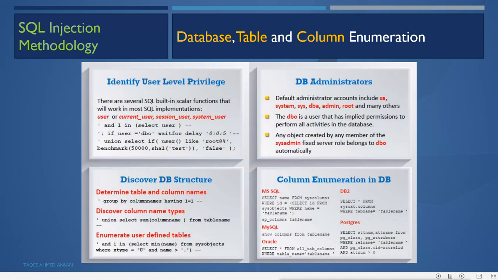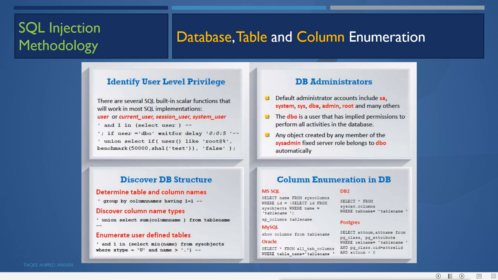There are several SQL built-in scalar functions that will work in most SQL implementations: user or current user, session user, system user. These functions do different tasks, so an attacker can use these functions to identify the user level privileges.